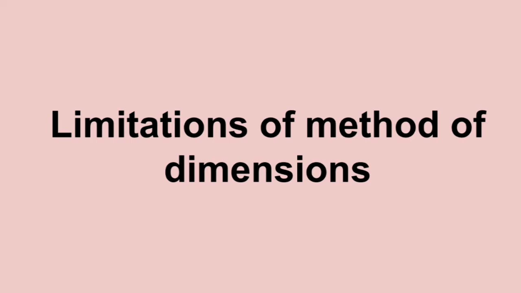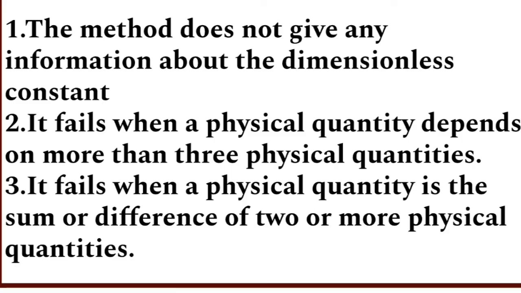Even though we discussed the applications of dimensional analysis, there are limitations to the method of dimensions. Let's discuss. First one, the method does not give any information about dimensionless constants. We came across such a fact while checking correctness and in derivation. Second point, it fails when a physical quantity depends on more than 3 physical quantities.